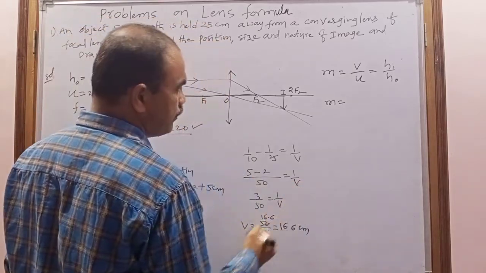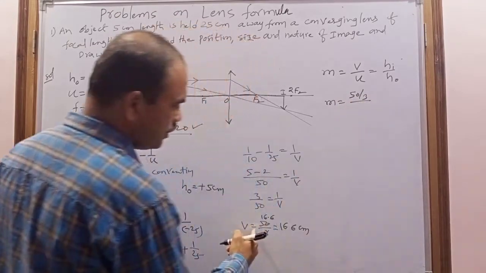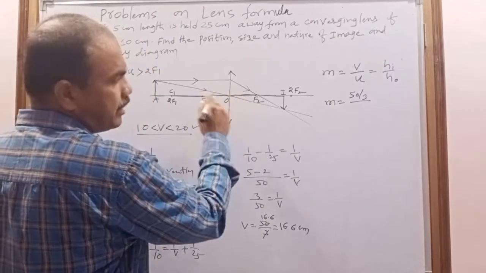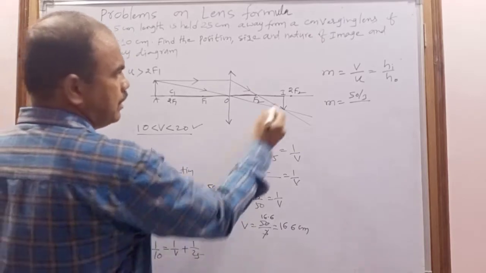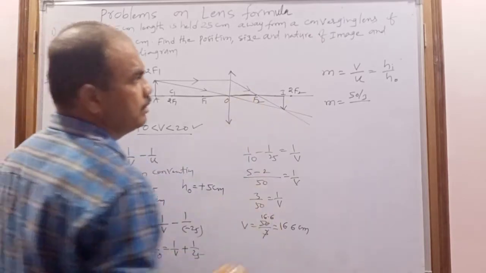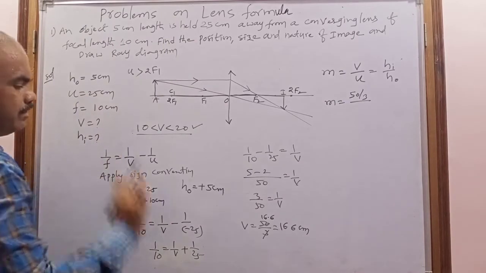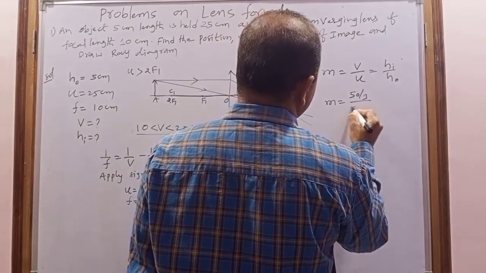So what is the v? 50 by 3, because you got the plus value here. Plus means it can be found on the other side of the lens, that's why you are getting a positive value. And what is u? u is nothing but minus 25.